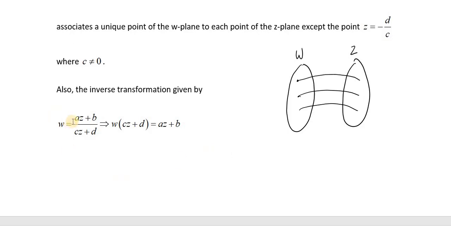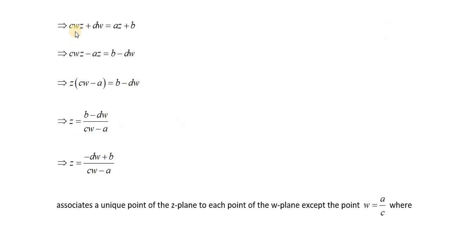So we have W equal to (AZ plus B) by (CZ plus D). Now we need the value of Z in terms of W. For this we do cross multiplication. Observe, W into (CZ plus D) equal to AZ plus B. After multiplication, we get CWZ plus DW equal to AZ plus B. Now we take AZ to this side and DW to the other side, so it becomes minus DW.